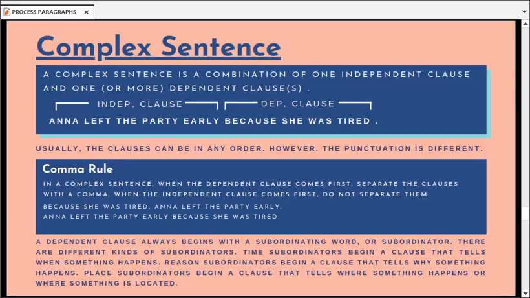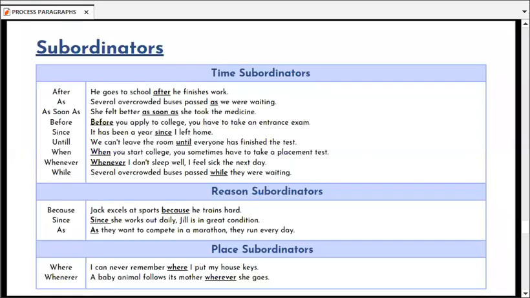Next. The time subordinators: after. He goes to school after he finishes work. As. Several overcrowded buses passed as we were waiting. As soon as. As soon as she felt better, she took the medicine. Before.